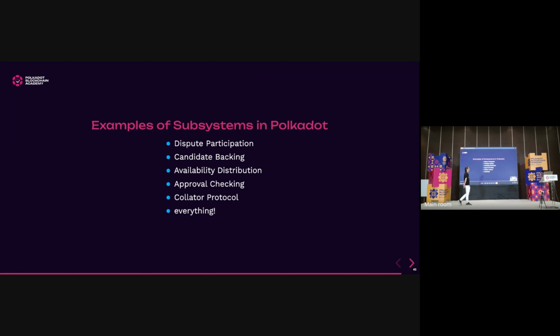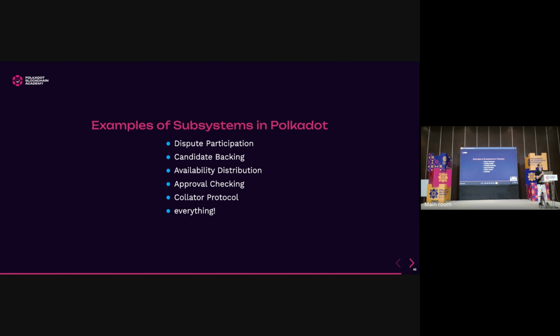So if I remember correctly, there is definitely a portion of the slash that is given to the people that report the offense. I don't remember if it's given to all the people that participate and vote on the correct side of the dispute. I don't think so. I think it's just the reporter.